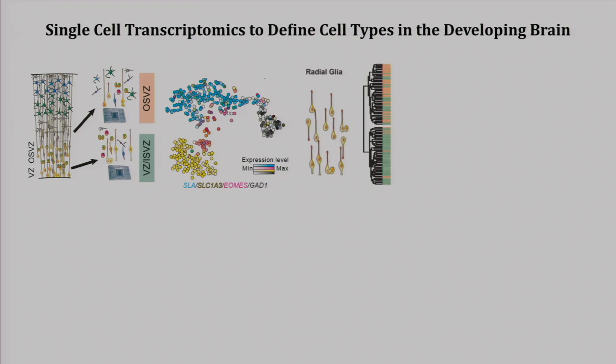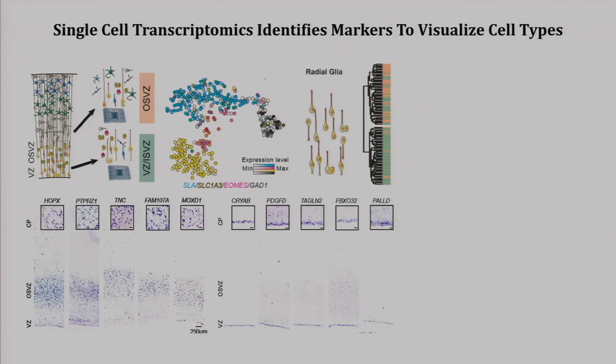And later, by iterative clustering, we identified a transcriptional source of variation that highlighted a distinction as to whether these cells were sampled from the outer subventricular zone or from the ventricular zone, which then pinpointed several gene candidates that we were able to later validate by staining for them in histological sections, with these markers labeling outer radial glia cells, and these genes labeling ventricular radial glia cells.